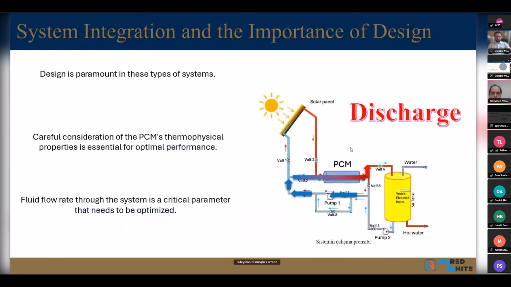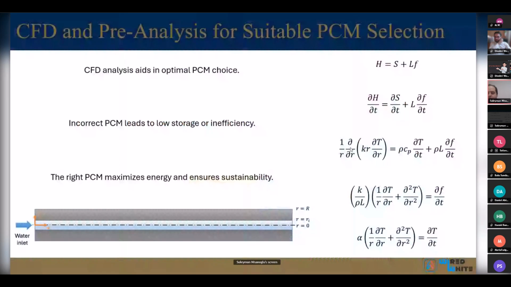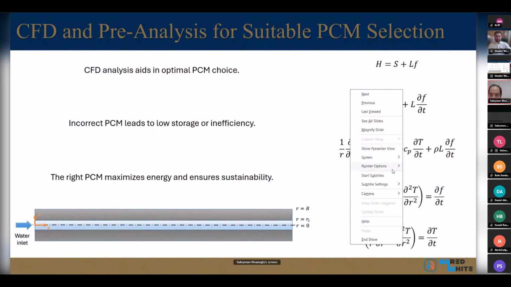We know that total enthalpy, total energy is constant.